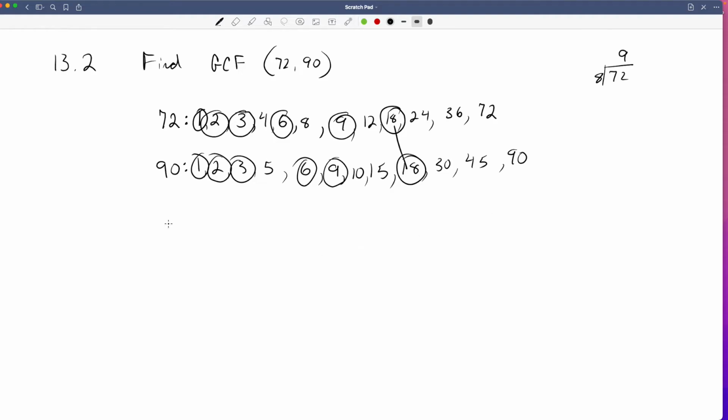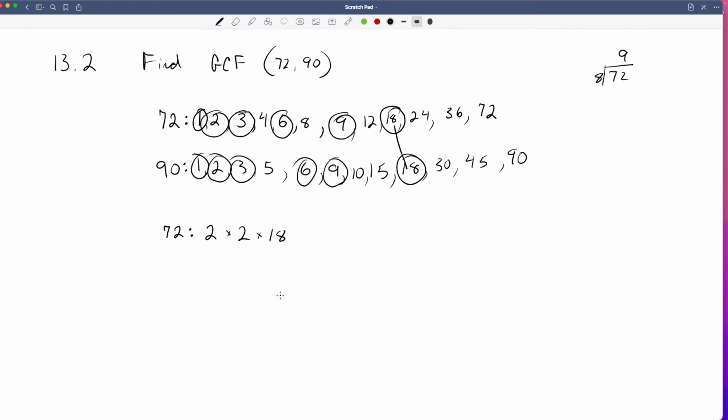So let's do the prime factorization of 72. So I could say 2 times 36, right? I know 2 is prime, 36 is not. 36 would be 2 times 18, right? So I'm going to replace that with 2 times 18.